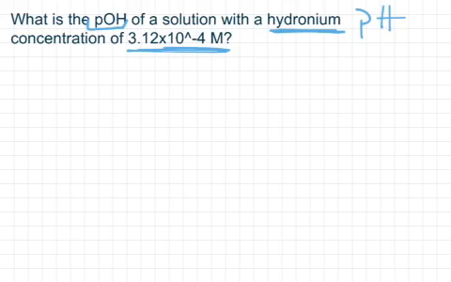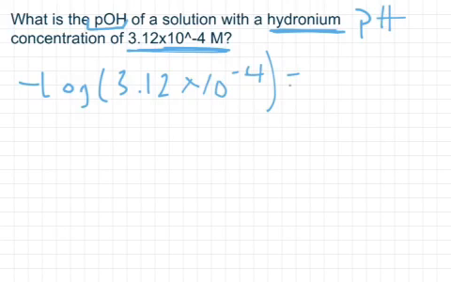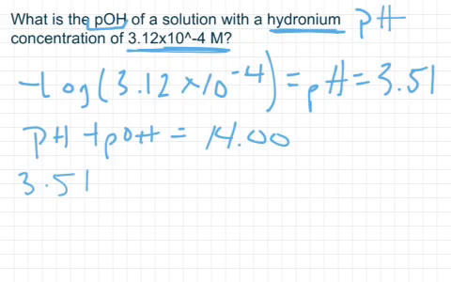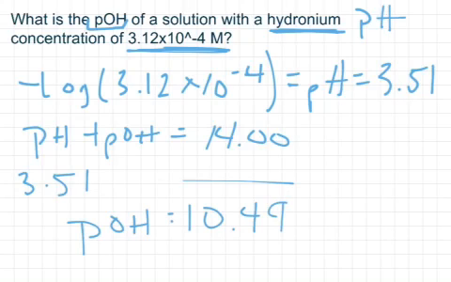So when we do the negative log of 3.12 times 10 to the negative 4, we're answering for the pH of the solution, not the pOH, which is 3.51. That's almost all of the information. Then if we remember that pH plus pOH is always going to be 14, I can just subtract 14 minus 3.51, and the pOH of the solution is 10.49.